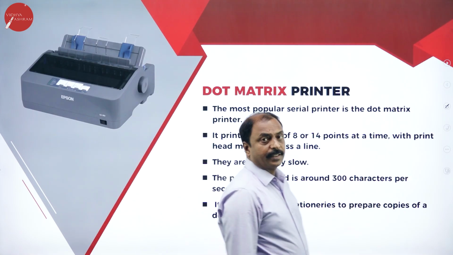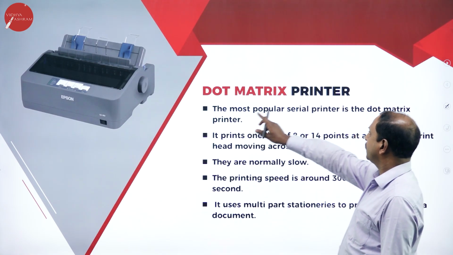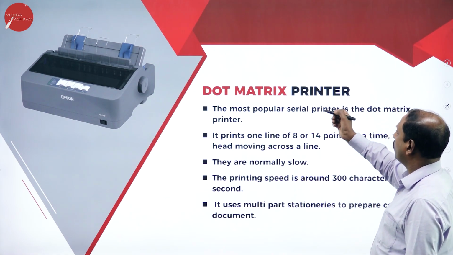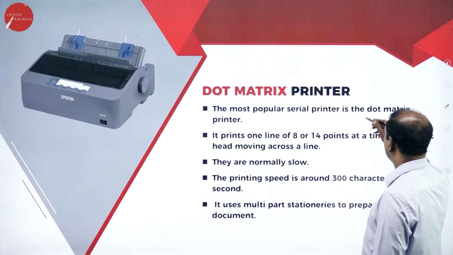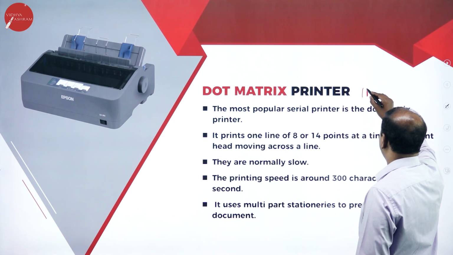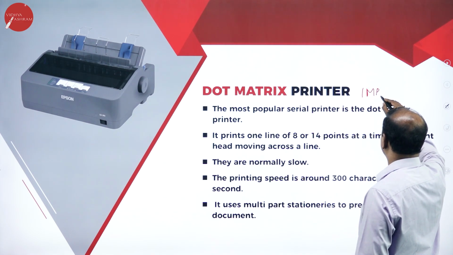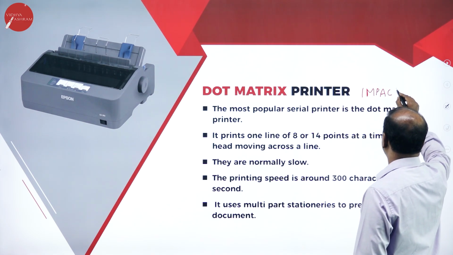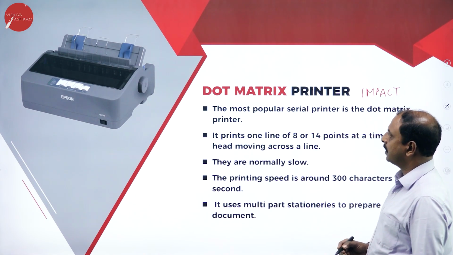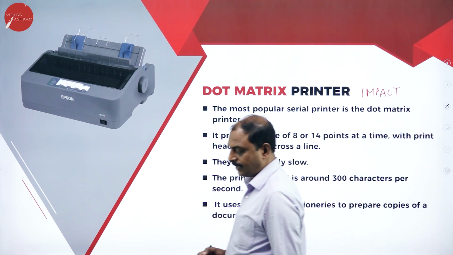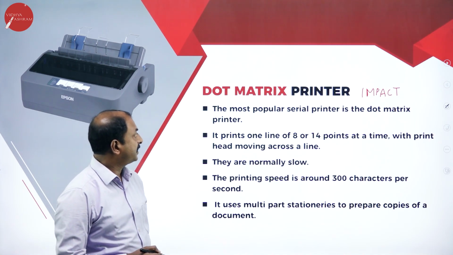Now let us see another printer, the dot matrix printer. The dot matrix printer is also an example of an impact printer. So what is the meaning of dot matrix printer?